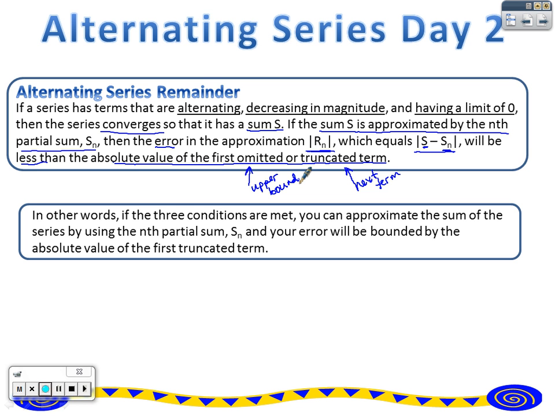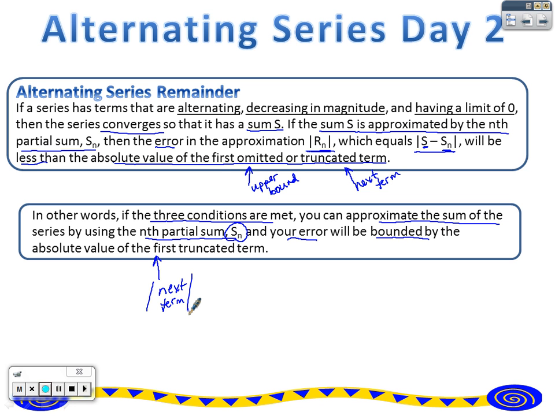So in other words, if the 3 conditions are met, you can approximate the sum of the series by using the nth partial sum, S sub n, and your error will be bounded by the absolute value of the first truncated term. Okay, that's the absolute value of the next term. So that's the concept behind the error that we're going to be working with today.